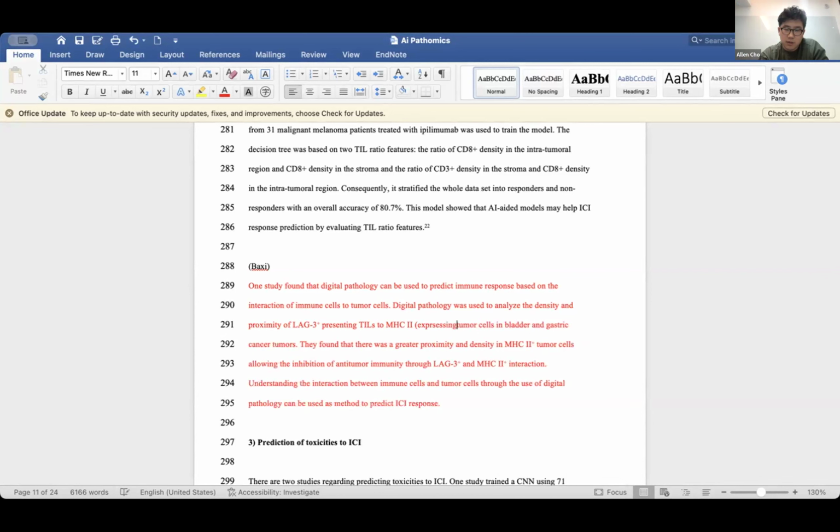I remember it as expressing, but I'll confirm and find out what the paper actually used. They found that there was a greater proximity and density in tumor cells, with inhibition of the anti-tumor immunity.